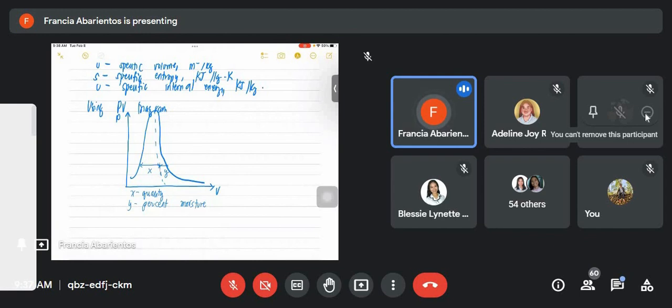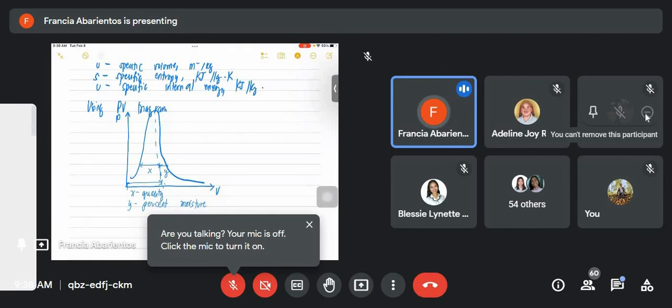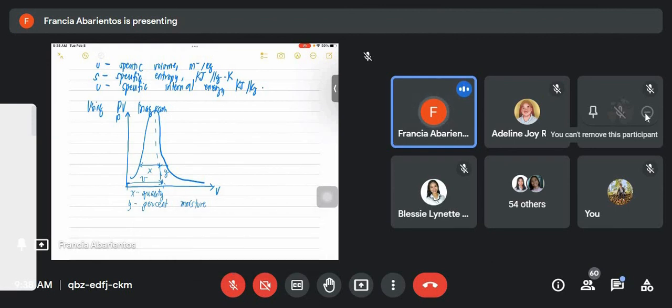Okay, makikita nyo, class, here. Ayan. Masyado palang malapit. From this point, nakikita nyo yan, to this point, equivalent siya sa certain specific volume. Diba? Kasi yun yung hahanapin natin dito at a given quality. So, para mahanap natin yan, the specific volume.